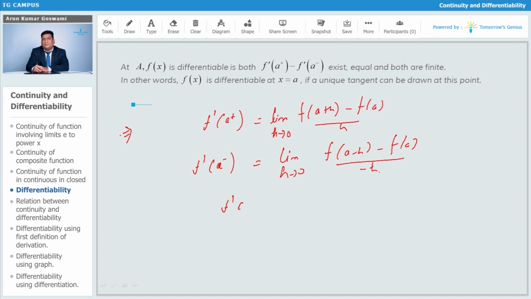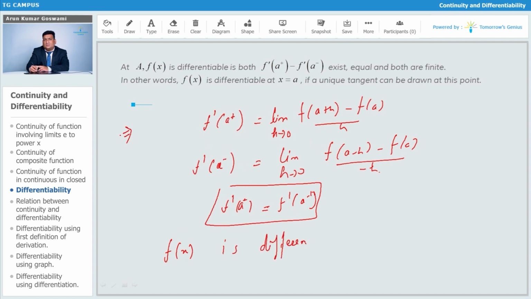When these derivatives are equal, we can say that at point a my function f of x is differentiable, meaning at x equal to a.